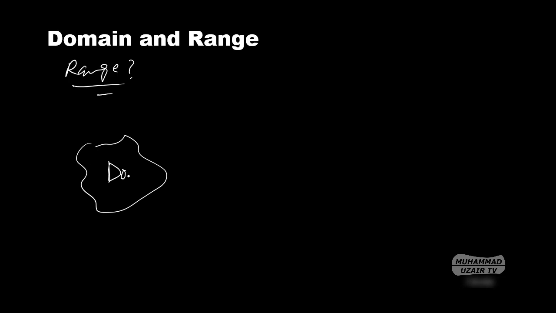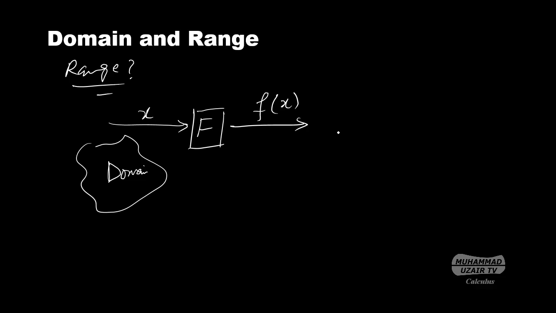Now what is range? Range is a set of all possible outputs. For example, let's suppose this is the domain, and in the same example, this is x, this is f, and this is f of x.